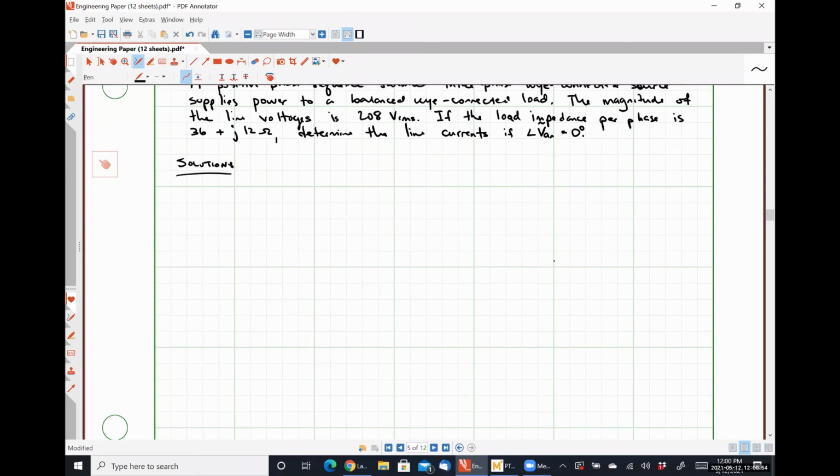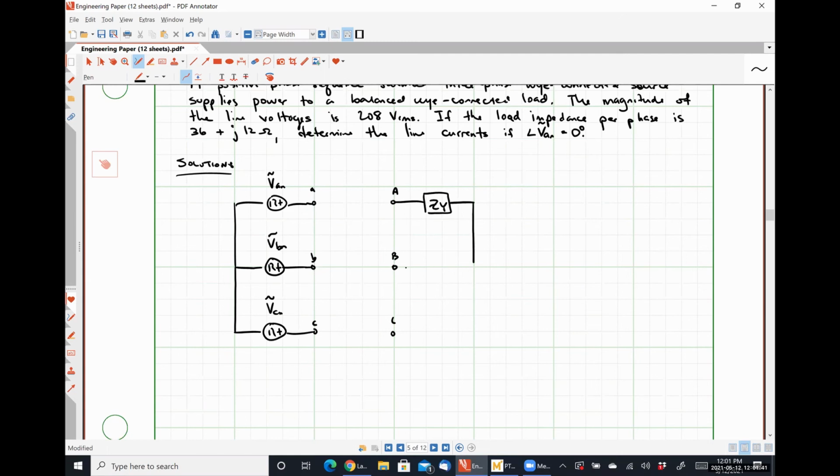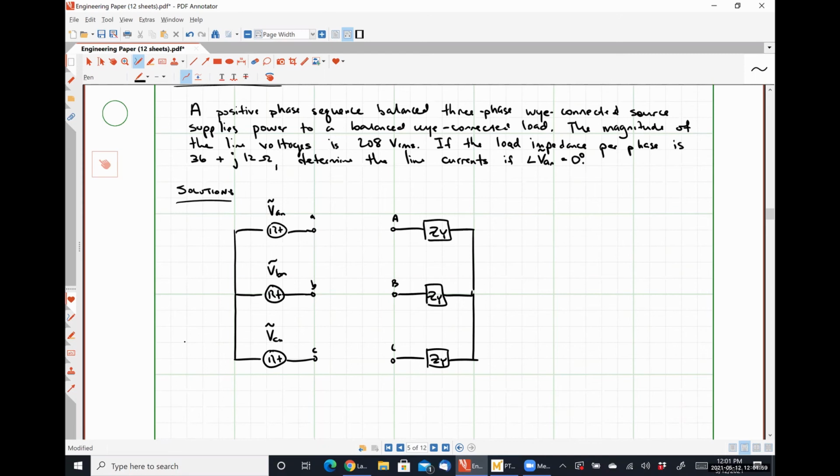So I'm going to start by drawing a schematic diagram of our system. All right, first thing I want to point out: anywhere in our problem statement, is there a mention of what the impedance is for the transmission lines?